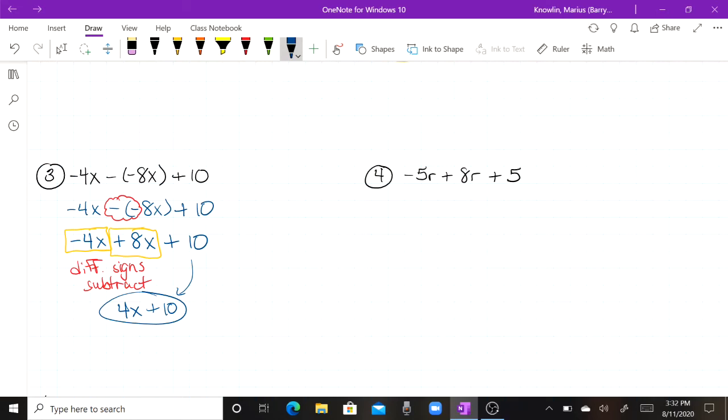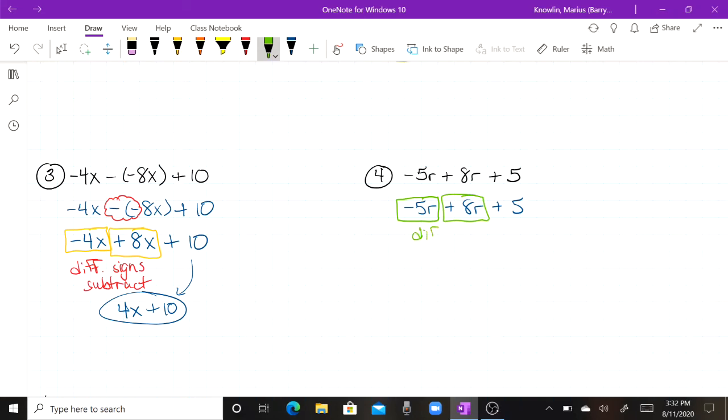Let's take a look at number 4. Number 4 reads negative 5r plus 8r plus 5. Well, my like terms are negative 5r and positive 8r.